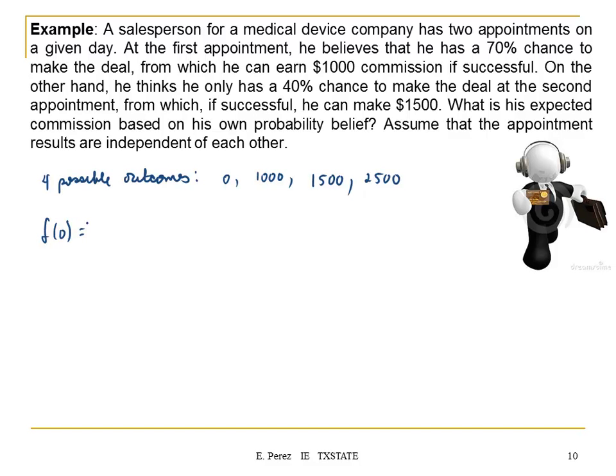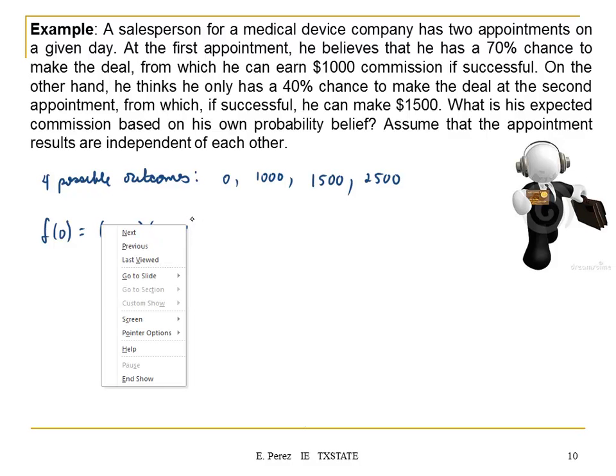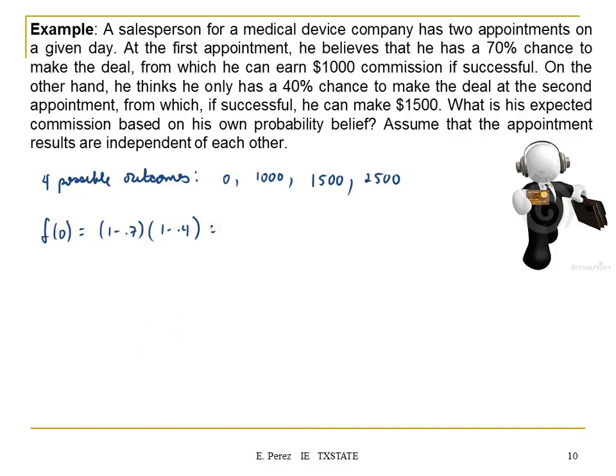Correct. So you have (1 minus 0.7) times (1 minus 0.4). So that's equal to 0.18, right? So for 1,000, the probability is 0.7 times (1 minus 0.4), and that equals 0.42.